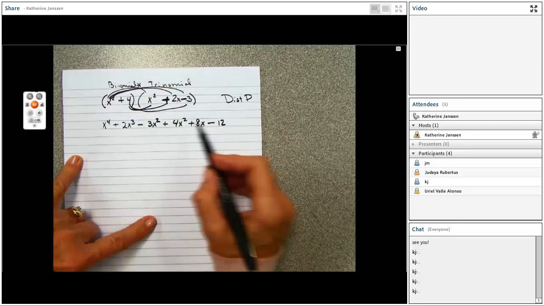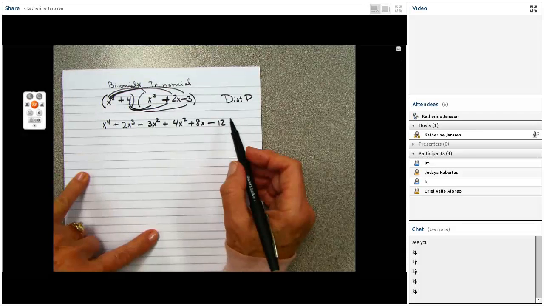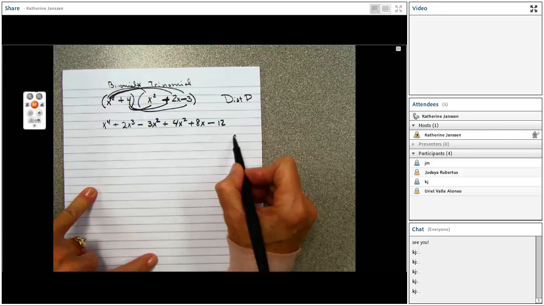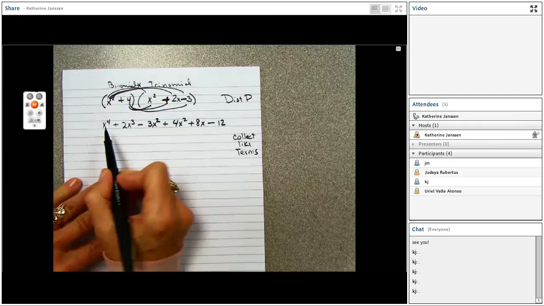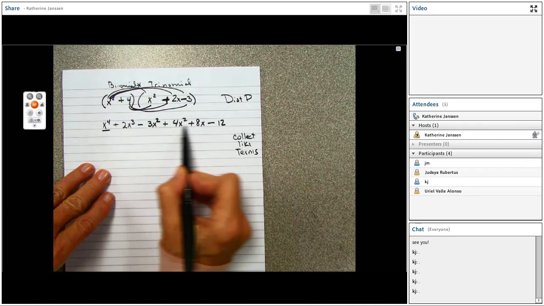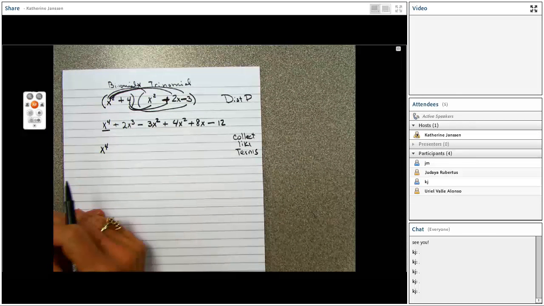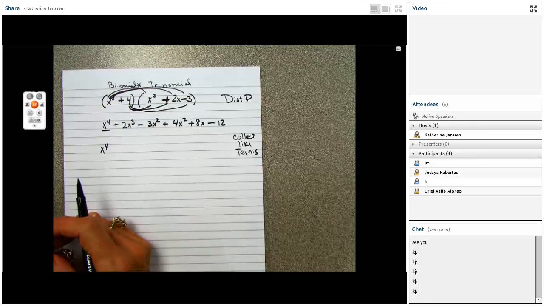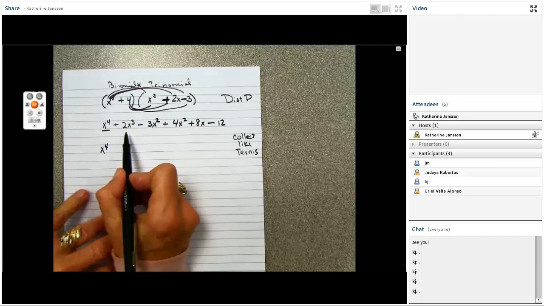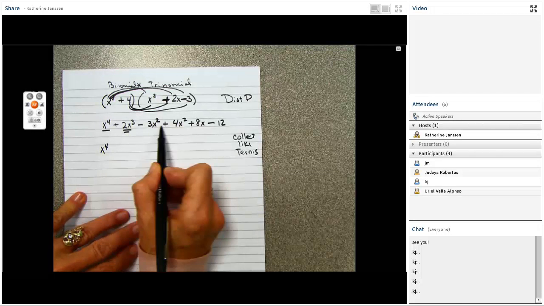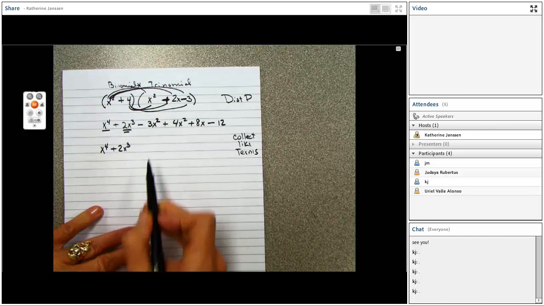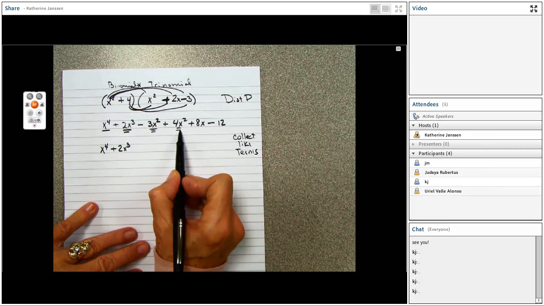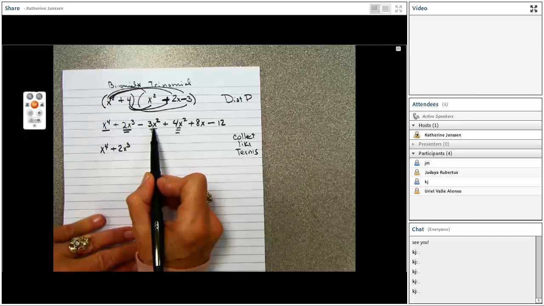Now, whenever we are expanding in multiplication polynomials, we look to collect like terms. So x to the 4th. There are no other x to the 4th terms. x cubed. There are no other x cubed terms. x squared terms. I have a subtraction.